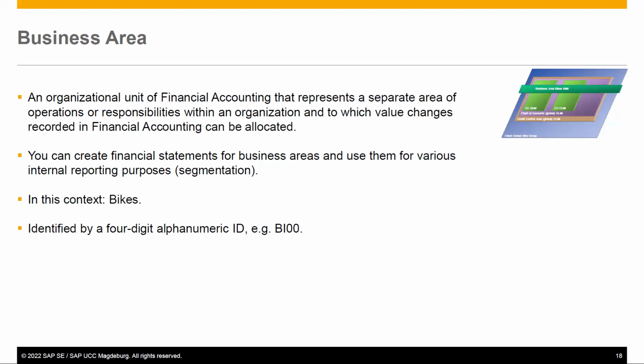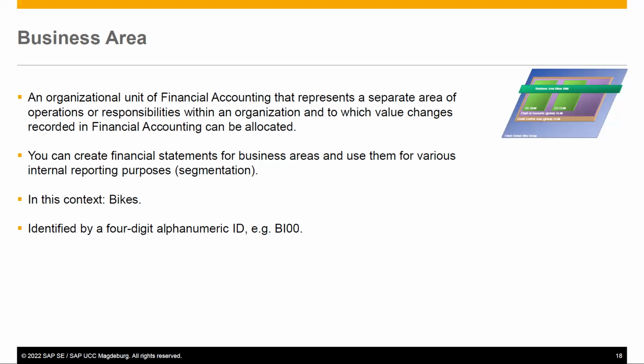If I say, can you show me the profitability of the flowers business, then I will say business area number 001, and it will display only the flowers business profit. If I say business area number 2, then I may see bicycles profitability. Business area 3 is maybe cars profitability. But from financial accounting, if I say company code US00, then it will give me the combination of all 3 profitabilities.